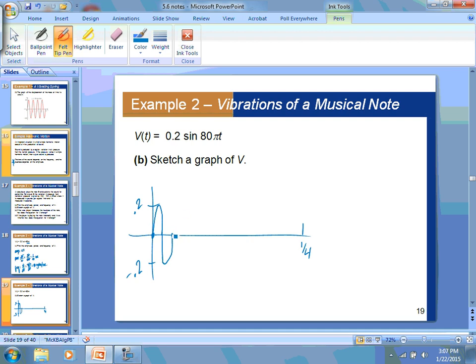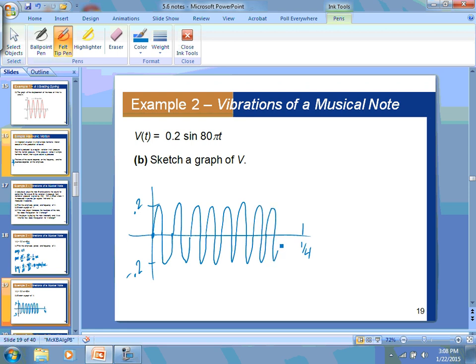So 2, 3, 4, 5, 6, 7, 8, 9. Oh, squeeze in 10. I got shorter here as I kept going. Okay, pretend those go up. Pretend they all go to 0.2 and then all the way to negative 0.2 as well.